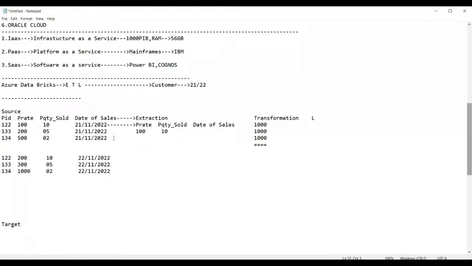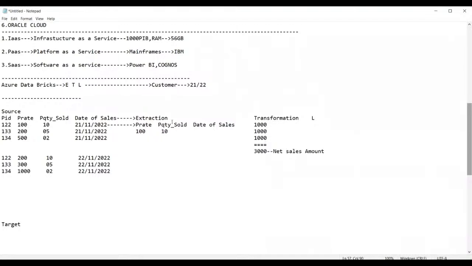It is 3000. So 3000 is the net sales amount. Am I right, everyone? This you are doing under the process of transformation.